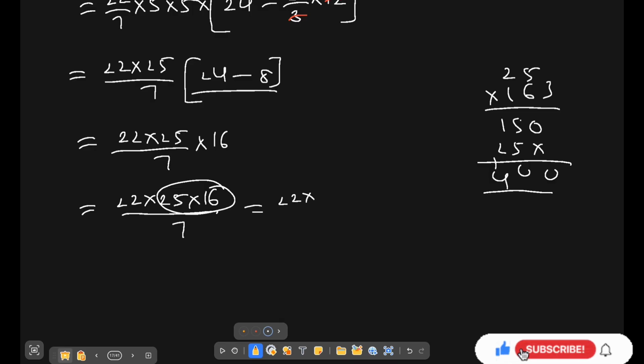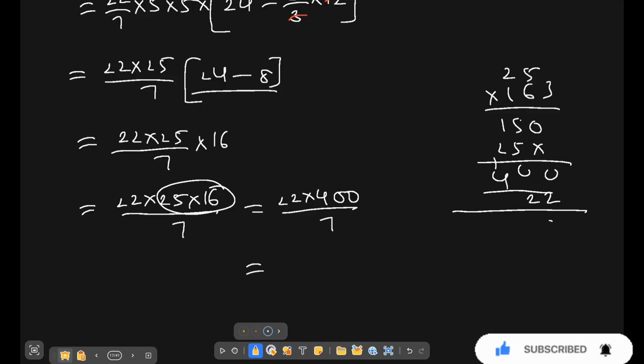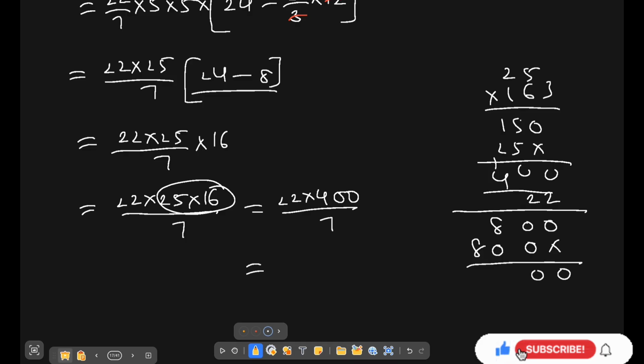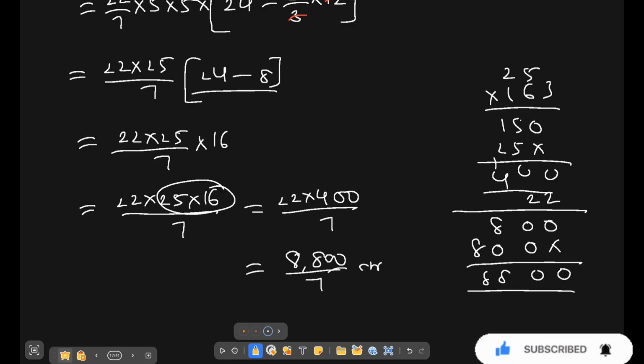So 22 into 400 by 7. Now if we multiply 22 and 400, we get 8800 by 7 centimeters cube. So this is the volume of remaining solid.